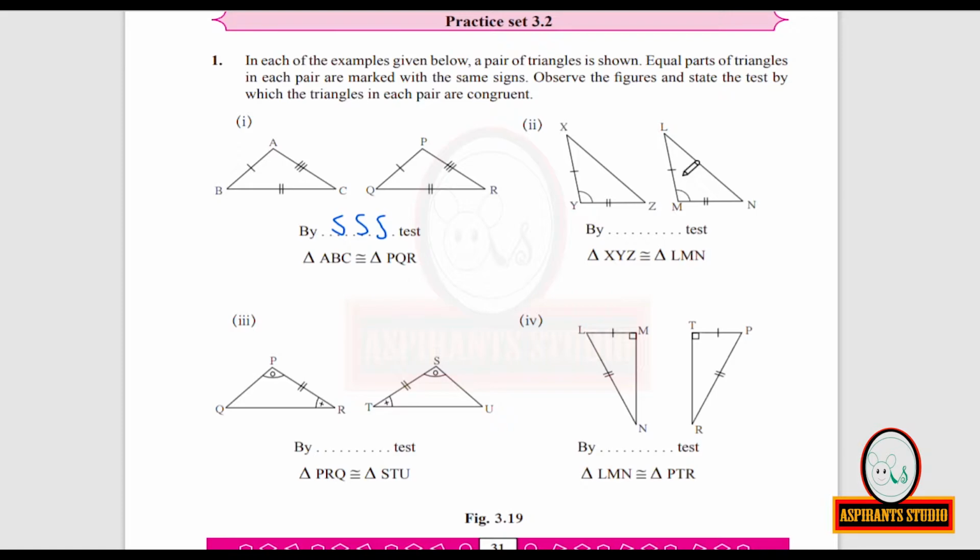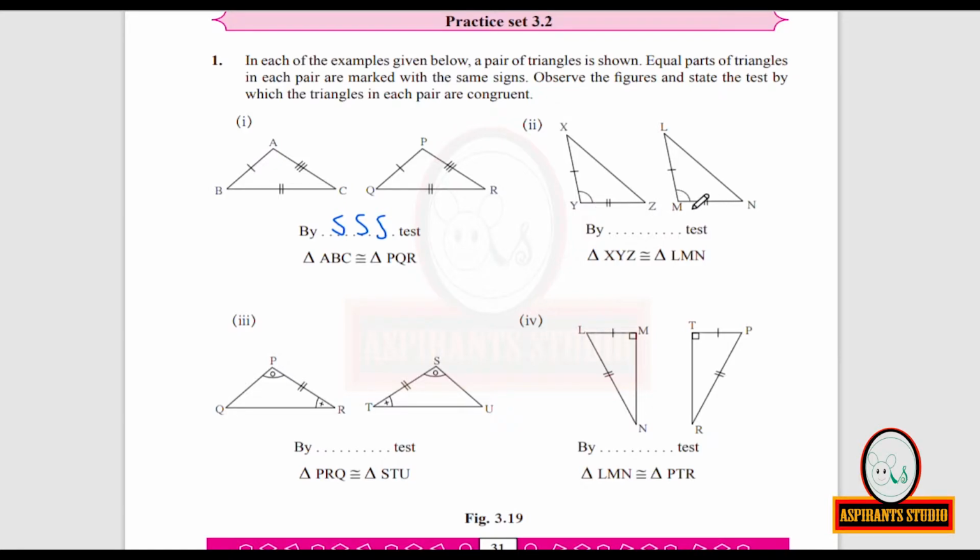If the angle is in between the two sides, the angle is called the included angle of the triangle. So if two sides and the included angle of a triangle are congruent with two corresponding sides and the included angle of the other triangle, then the triangles are congruent with each other. The included angle in the first triangle is angle Y, otherwise angle XYZ.